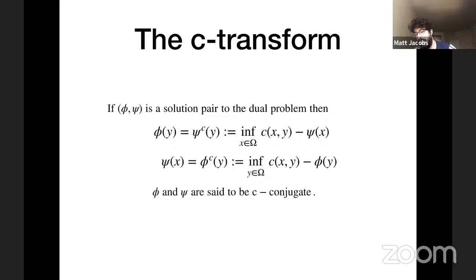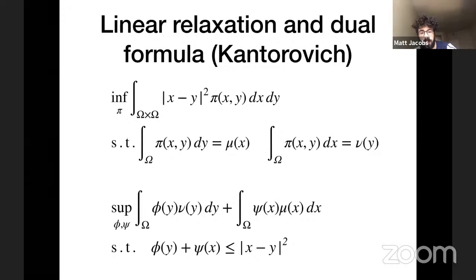And so what's nice now is if I go back to this problem, I can eliminate my constraints by replacing either phi or psi by the C transform of the other function. And when I do that, I eliminate all of these constraints and I get some nice unconstrained problem to which I can start applying gradient ascent.